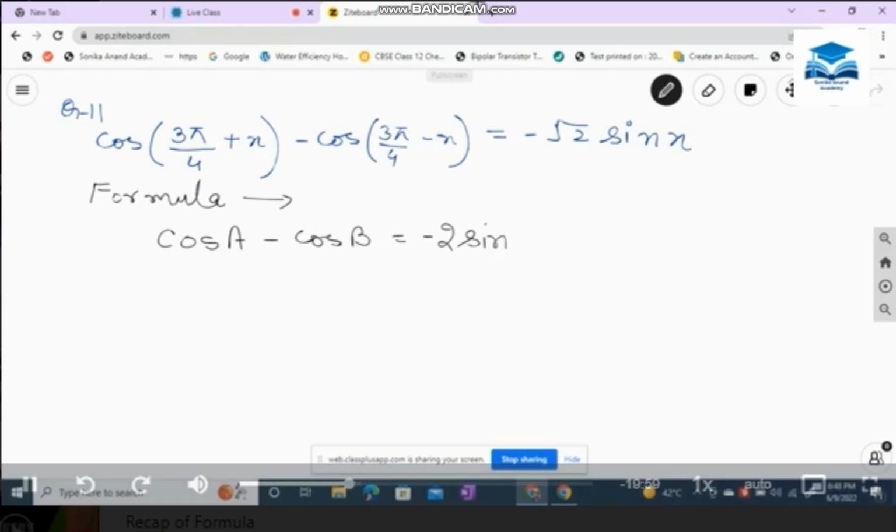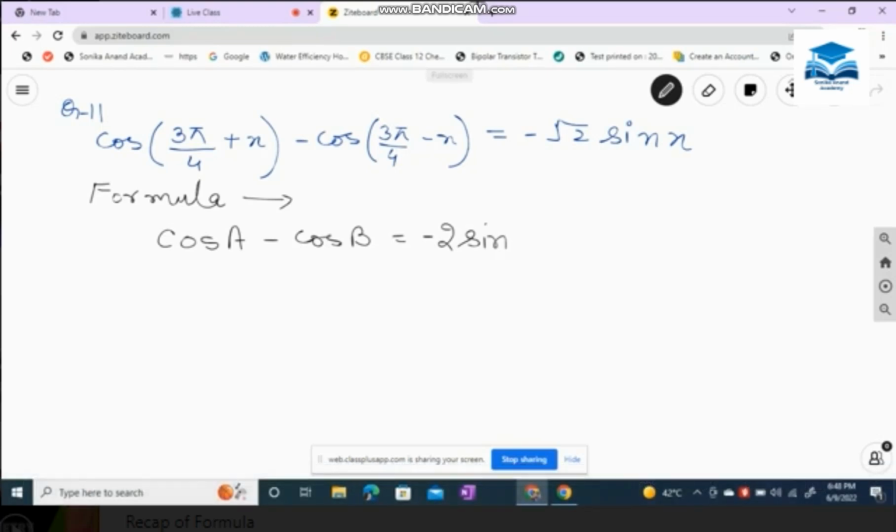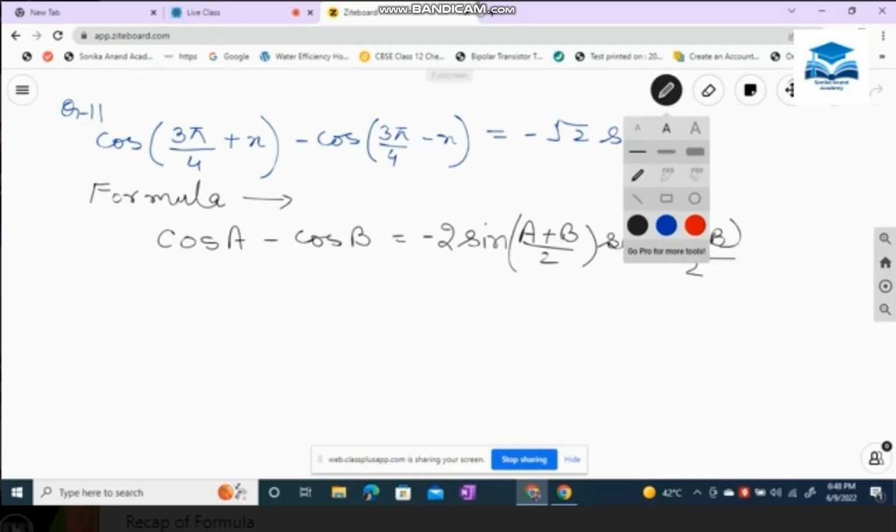But here it is only A and B. So you write it in this way: A plus B by 2 into sine of A minus B by 2. This formula we used. Okay? Now I think the question becomes simple for you. We have to simply put the different values in this particular formula.